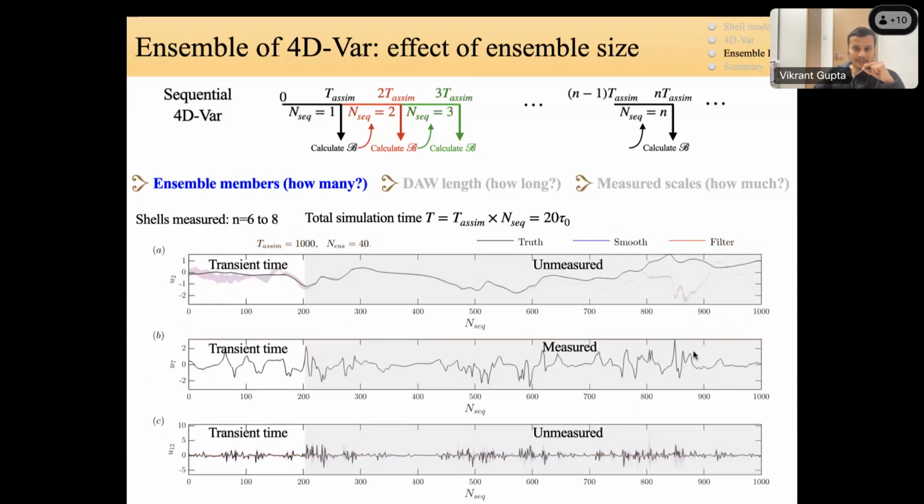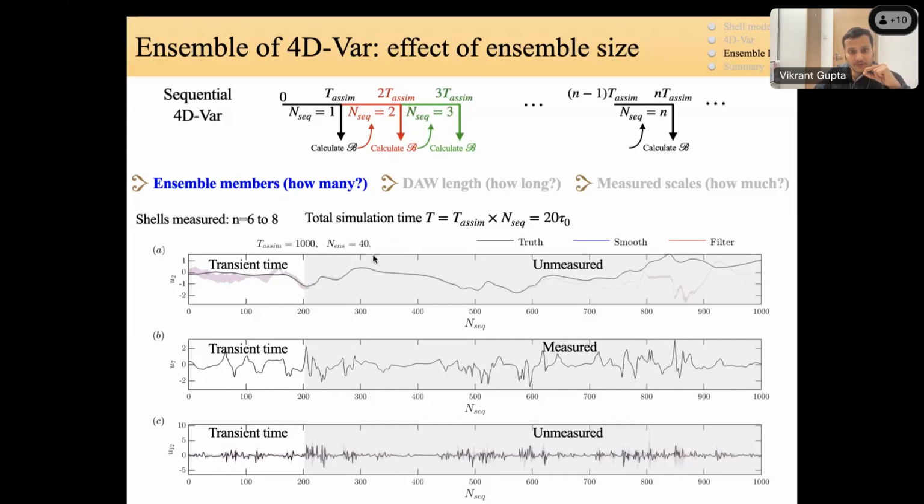So here we can see the time evolution of the shell number 2, 7, and 12. On the horizontal axis, I have the time or the sequence number. And on the vertical axis, I have these shells. Here, shell number 2. The black lines are the ground truth. And the spread is basically the spread of ensemble members.